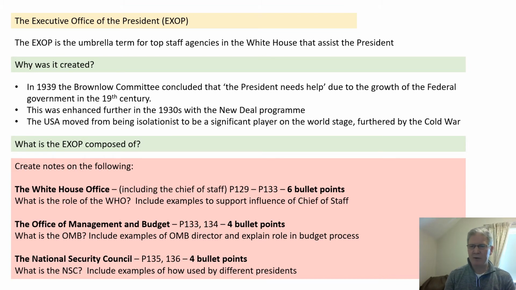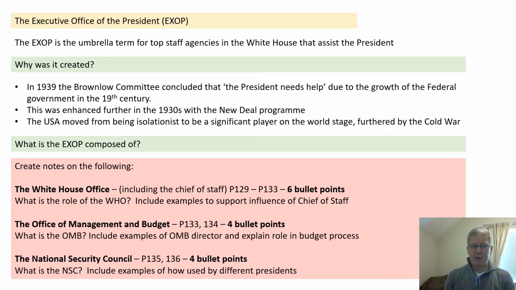This was based around the concerns of the growth of government following the New Deal program in the 1930s, and the fact that the USA had moved from being isolationist into being a more significant player on the world stage in foreign affairs. This was enhanced further in the 1950s and 60s through the growth of the Cold War.